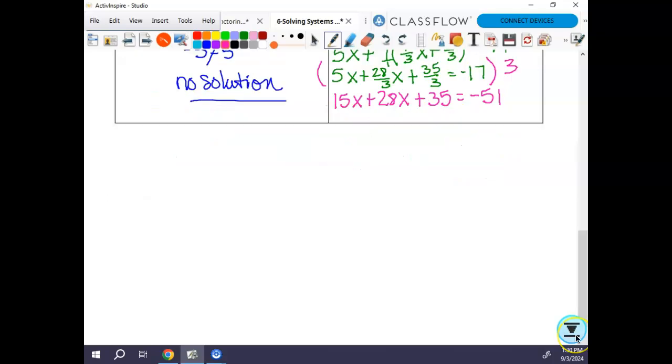Okay. So then when I combine these two, that's what, 43x? Oh, good Lord, I hope so. Yes. And then what am I going to do with this 35? Subtract it over there, so that's going to be what, -86. So what does x equal? -2. Very good.